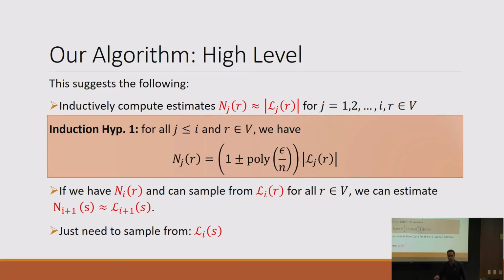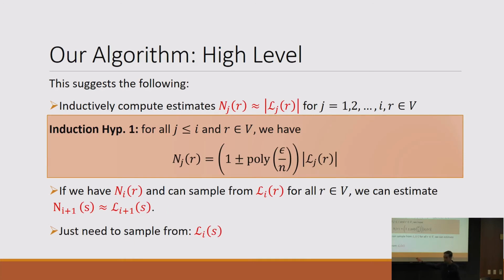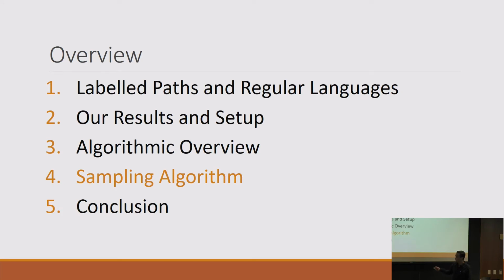The main problem was theorem 2, the sampling problem. So for the rest of the talk, we're going to look at the sampling algorithm, which samples from the set L_i^s given that I already have approximations of the smaller sets. Good so far? This is the last thing we need to do. So now we're going to talk about the sampling algorithm.